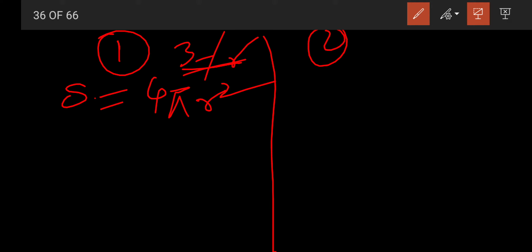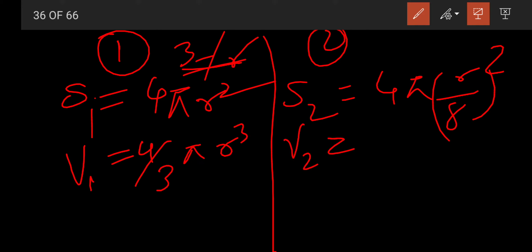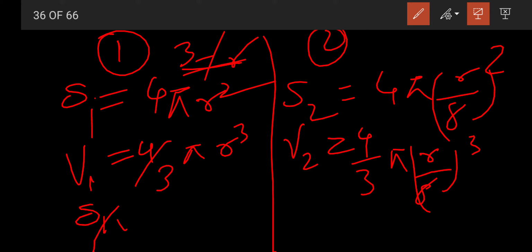Similarly, the surface area for system 2 will be 4 pi (r by 8) whole square, right? And the volume will be 4 by 3 pi r cube. Remember this. V2 will be 4 by 3 pi (r by 8) whole cube. Now we have to find S1 by V1.